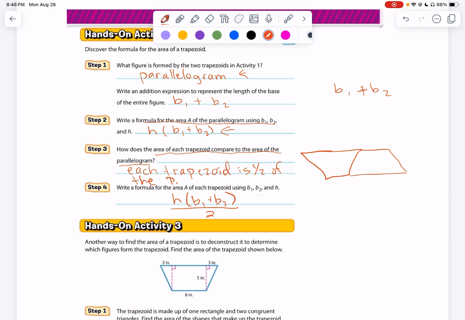Yeah, I think it would. Or we could write it as half times the height. Hang on a second here. Half times the height times base 1 plus base 2. There we go. I needed a different bracket than the parentheses so it wouldn't get confusing.